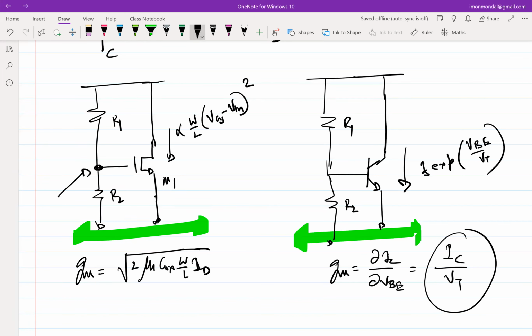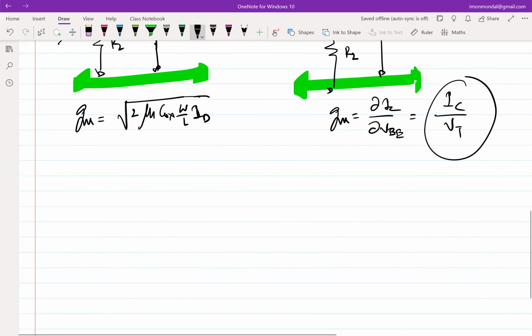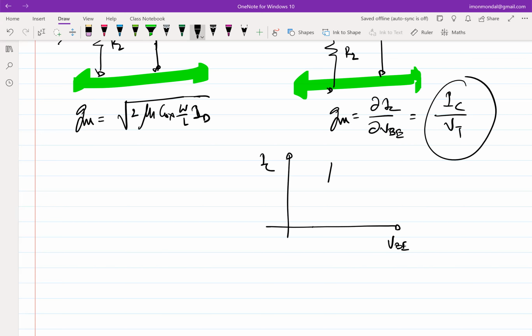The reason is there is a certain aspect of BJT which deals with temperature dependence. By that, what I mean is the IC-VBE plot for a BJT is supposed to be exponential. That's true.